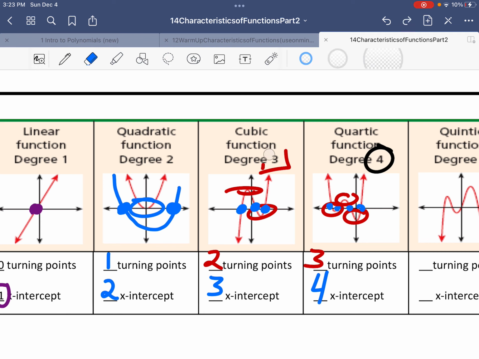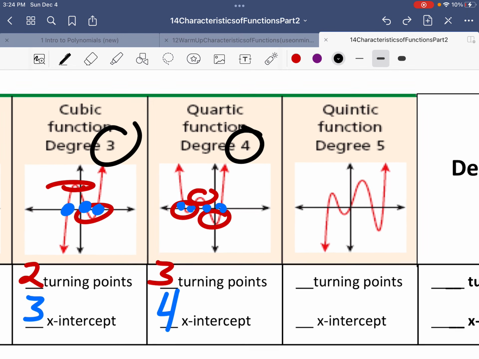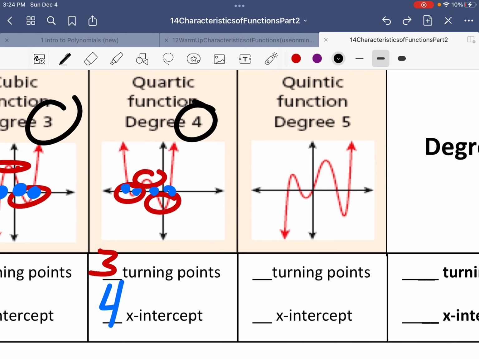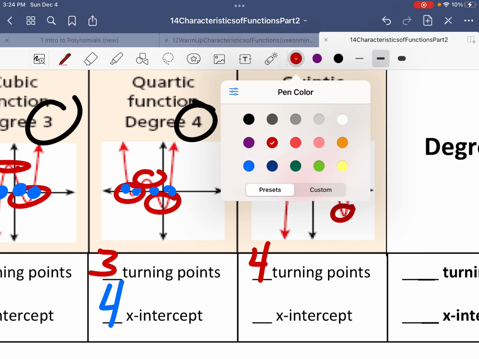How about the one previous to that? It was degree 3, I ended up with 1 less turn, but I ended up with the same amount of x-intercepts. Well, is that what's going to hold true with this degree 5 problem? 1, 2, 3, 4 turns.